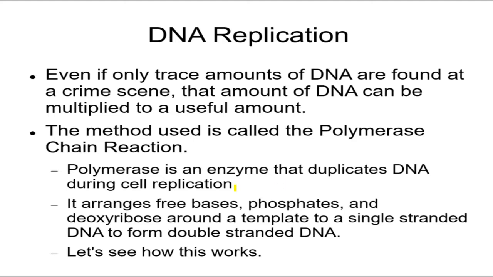A bunch of phosphates, a bunch of deoxyribose, fill the whole thing with all that stuff, and you put this polymerase in there. You will enable that DNA to grab all the bases and phosphates, and replicate itself and form more and more. So let's see how this is done.